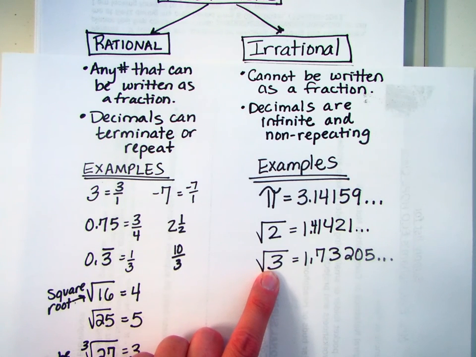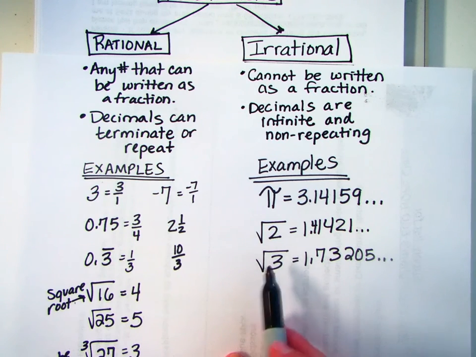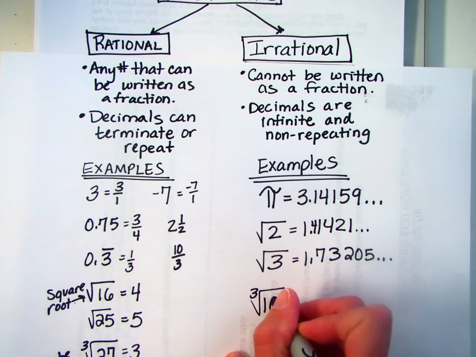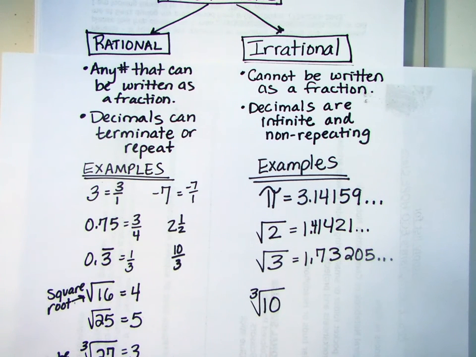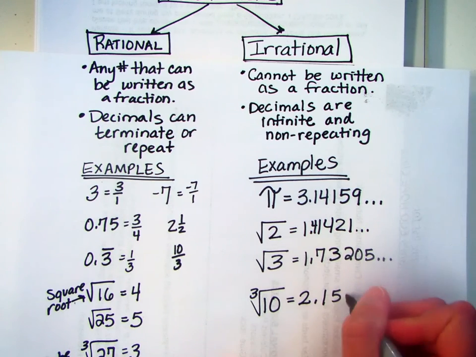Okay, just like square roots, this can also happen if we try to do the cube root, let's say, of 10. What number could you multiply by itself 3 times to get 10? There isn't one. When you try it on your calculator, it comes out to about 2.15443. Random numbers. And again, this one's going to go on.